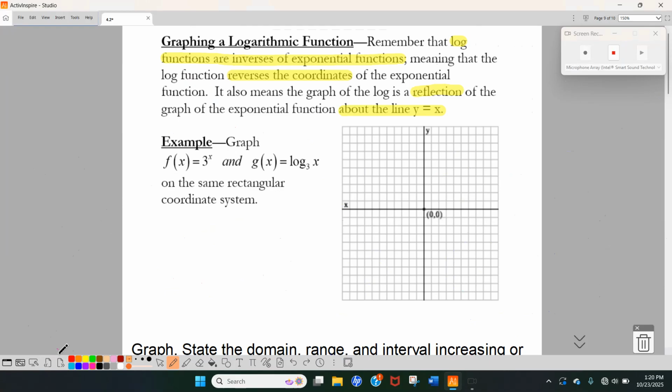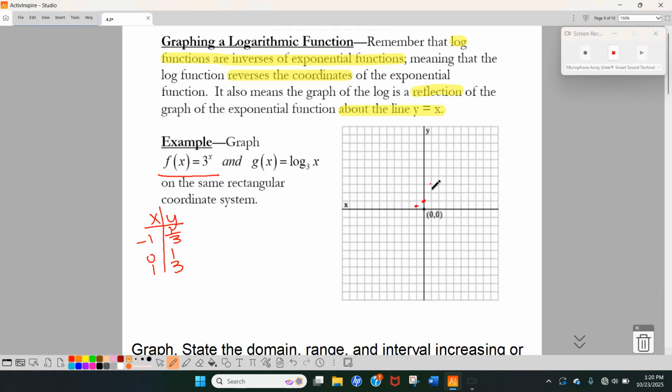All right, so if I graph this, then remember we said with an exponential, we can just do -1, 0, 1. If we put -1 in, it's going to flip it and make it 1/3. Put in 0, you get 1. Put in 1, you get 3. So -1, 1/3, 0, 1, 1, 3.